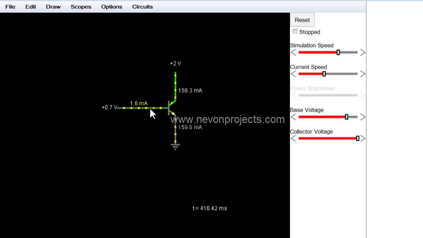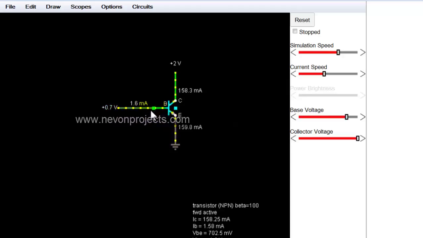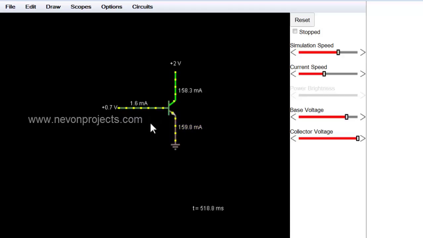The base is connected to 0.7 volt. So what we see over here is that when 0.7 volt is connected at the base, we have some current flowing through the base emitter, and due to this the switch gets on. That means the collector and the emitter get shorted and the supply is continuous from the collector to emitter.